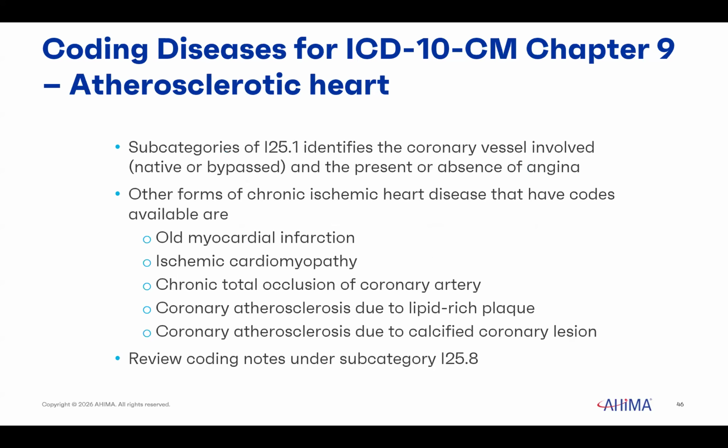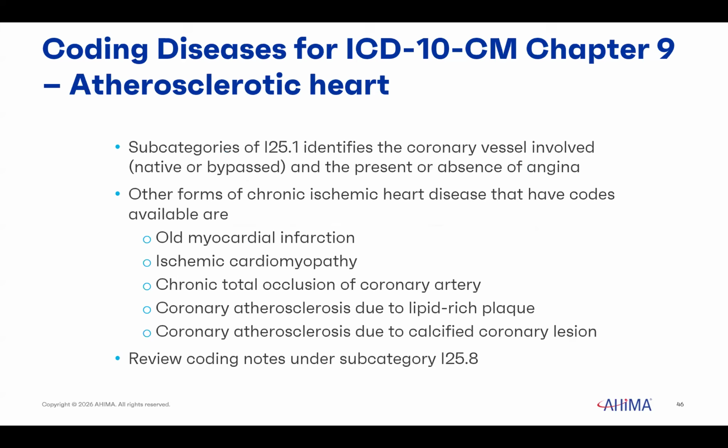Subcategories of I25 identify the specific coronary vessel involved and whether it's native, in other words, born with, or a bypassed vessel, and the presence or absence of angina. There are other forms of chronic ischemic heart disease that have codes available.